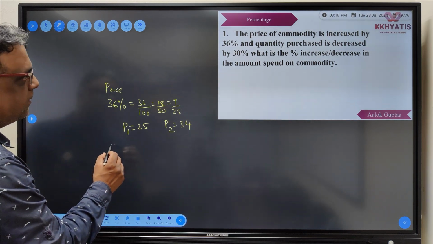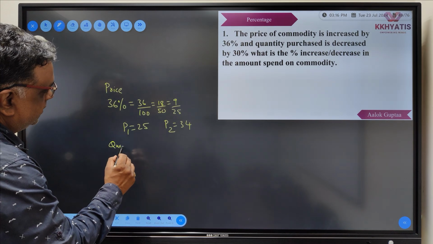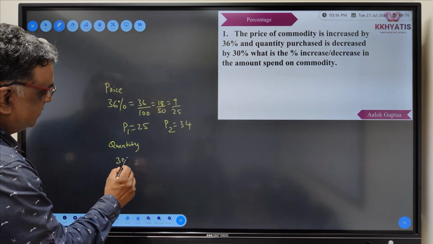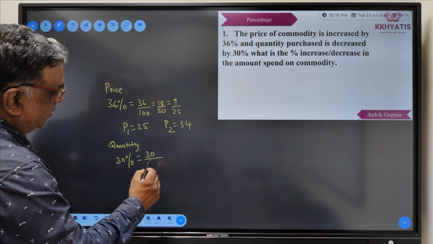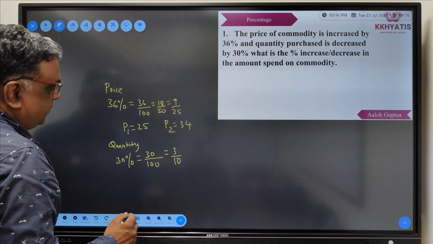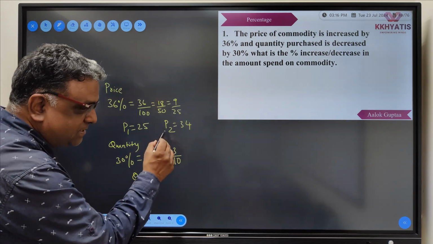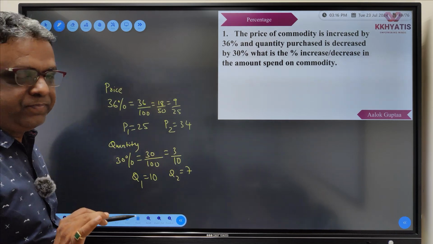Now let us talk about quantity. Quantity is decreased by 30%. 30% means 30 upon 100, 3 upon 10, which means if my quantity 1 was 10, it decreased by 3. So my quantity 2 became 7, 10 minus 3.